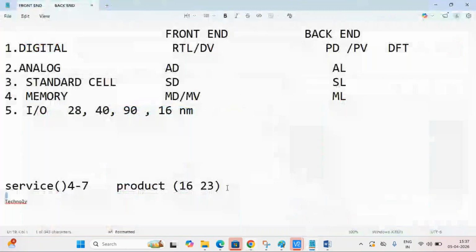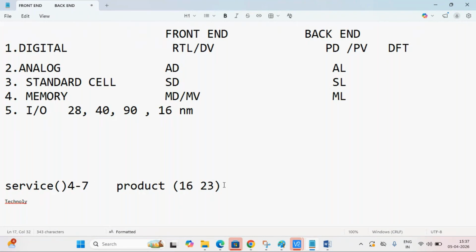Anybody else? Suppose someone is a 2026 pass out, or some people have fewer years of experience. In the layout domain, service companies will also take them. Some people with 2-3 years of gap, they will also hire, and they will train them and give them experience to move to a product company.